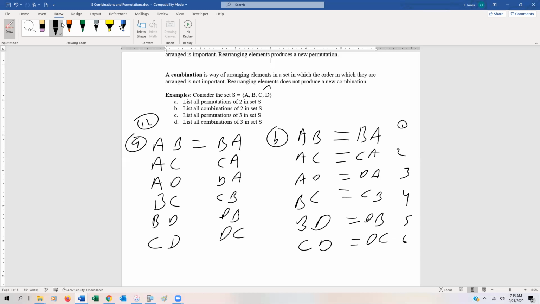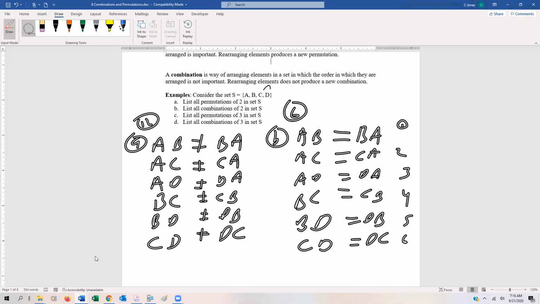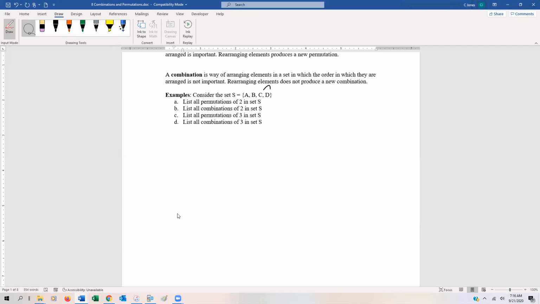All right, so in a permutation, when you flip the order, you get a new permutation. When you flip the order of a combination, you do not get a new combination. All right, so there's only 6 of those.